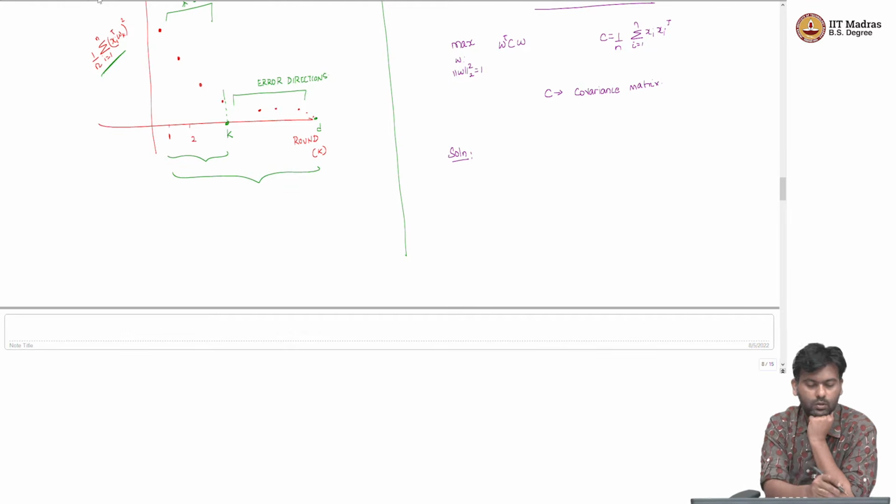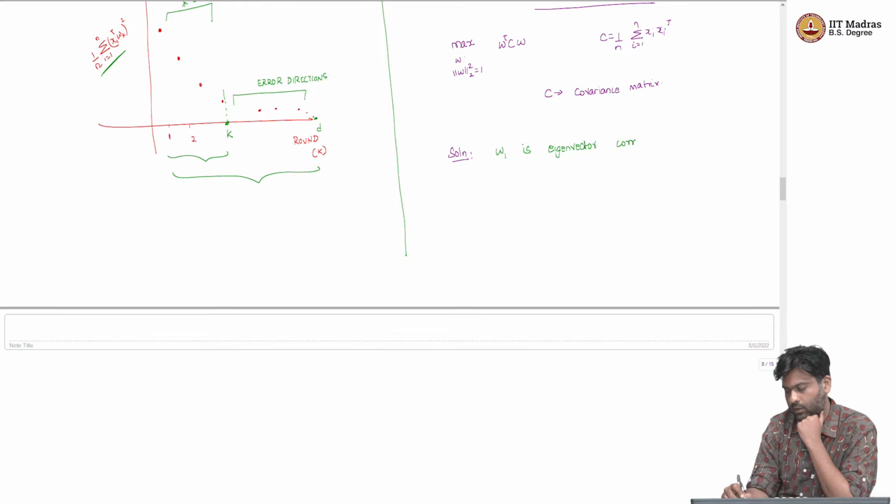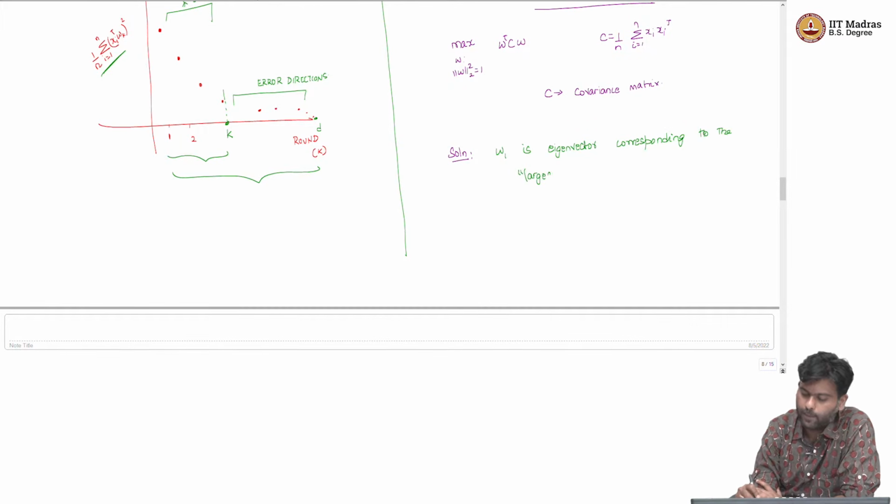So the solution to this problem turns out to be W1, which is the eigenvector corresponding to the largest eigenvalue of C.